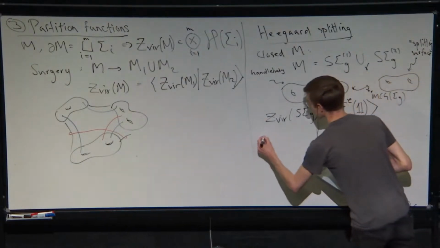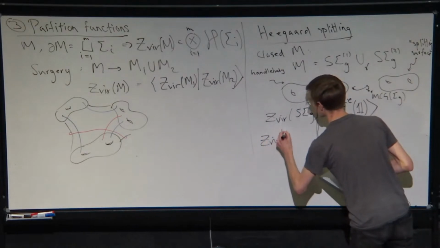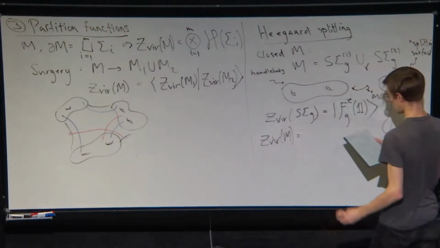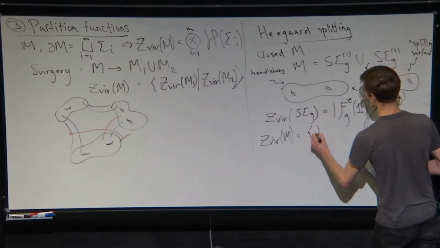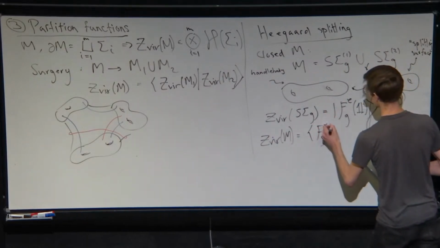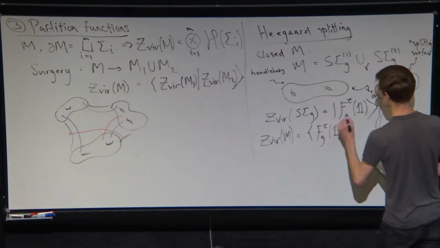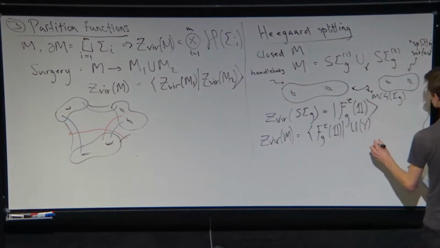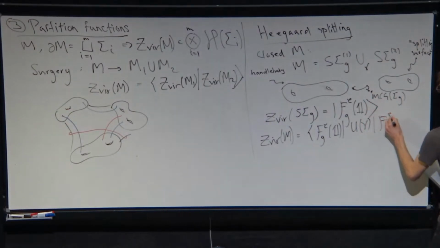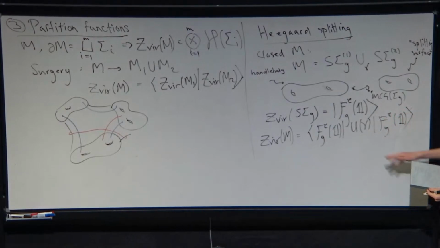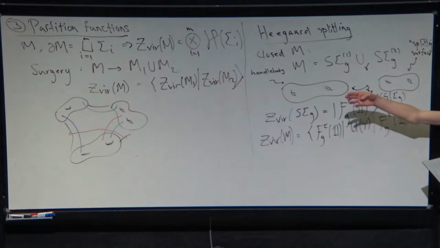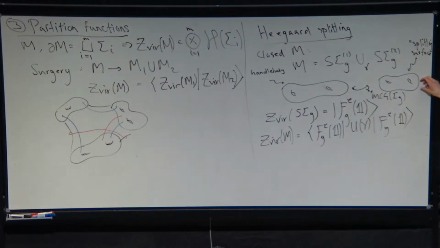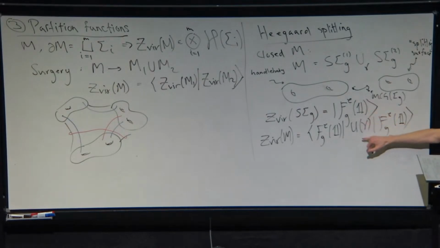And so the partition function on the full three-manifold M is given by the expectation value, in the states prepared by these handlebodies, which are identity blocks, of the representation of this mapping class group element on the Hilbert space. In practice, that means this is some linear combination of these crossing moves that act on this boundary splitting surface. So this is literally some integral over these F symbols.